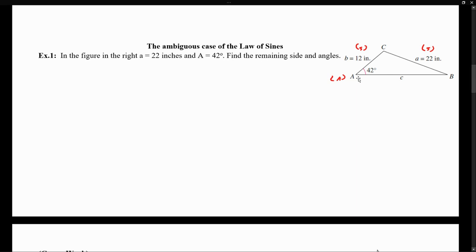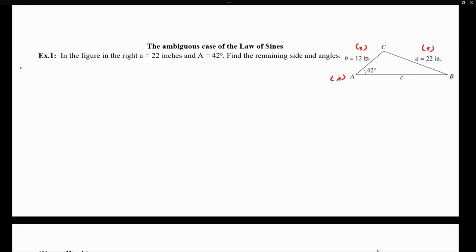But notice how the information is given to us. Here the side opposite the given angle is definitely greater than the second leg. So 22 is definitely greater than 12. And recall from our previous lesson that if the side opposite the given angle is greater than the second leg, then that is one of the cases where we can only create one triangle.